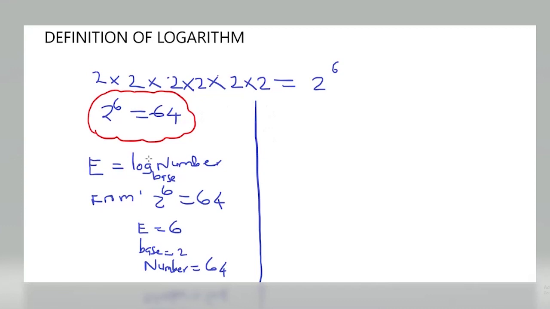Now on converting this expression 2 power 6 is equal to 64 into logarithmic form, it can be written as exponent, which is 6, is equal to logarithm of the number, which is 64, with base 2. This is how we can convert an exponential expression into a logarithmic expression.